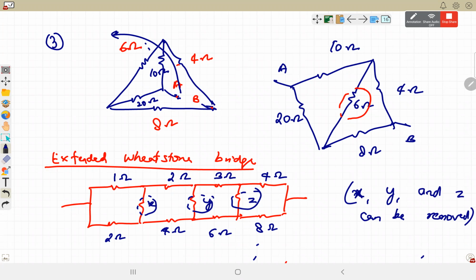So once removed, in the upper branch, 1, 2, 3 and 4 will all be in series. In the lower branch, it will be 2, 4, 6 and 8 in series, and then the two branches will be in parallel. So that is the extended Wheatstone bridge in the vertical and horizontal direction.